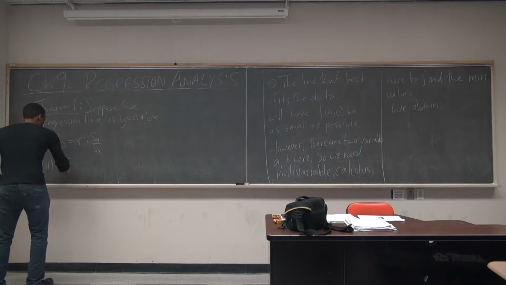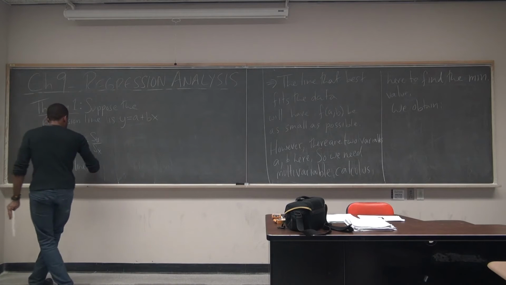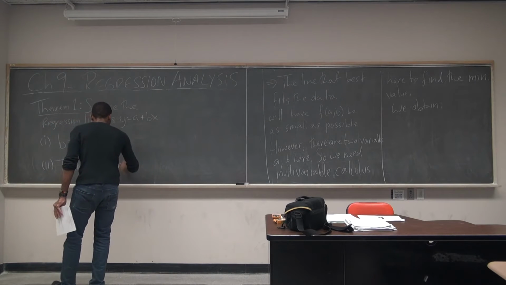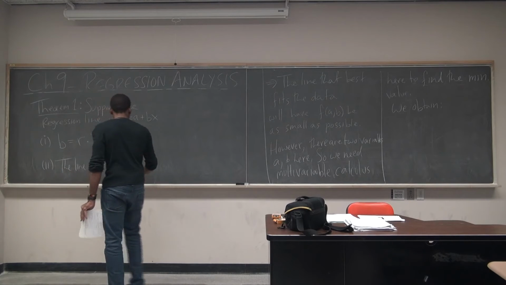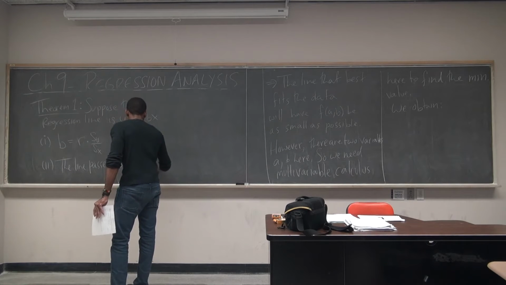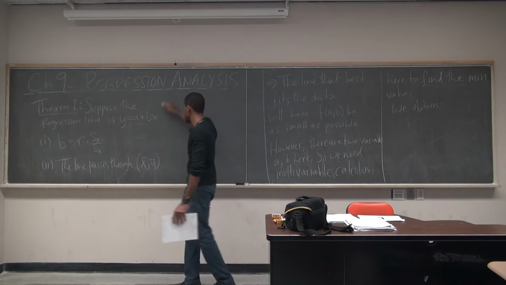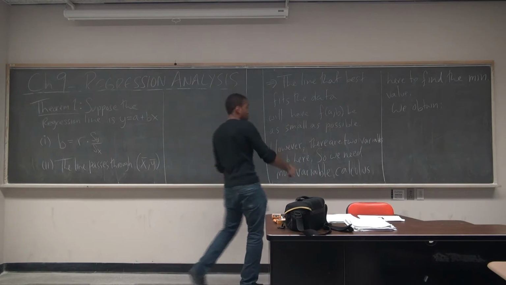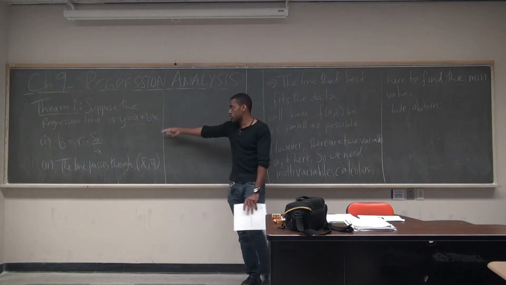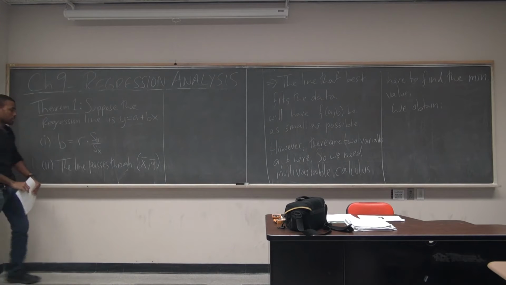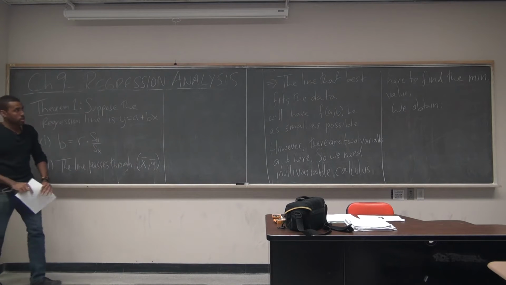Two, the line will pass through this point. The line passes through x bar comma y bar, which is the mean average of x and y respectively. Right? So we can use calculus and figure out that to make this a minimum, these things have to happen. Our b coordinate must be this value, and the line must pass through the average point.